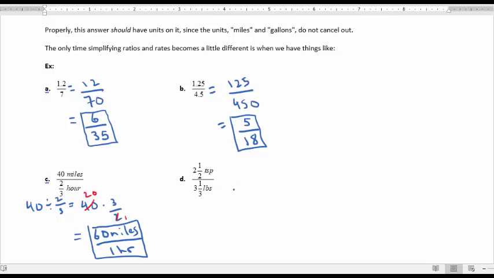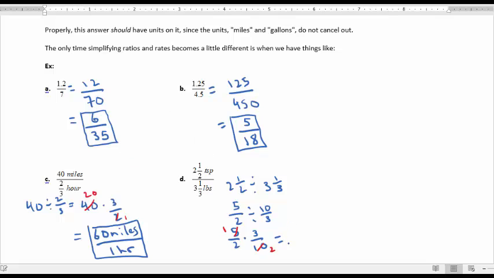And then this would be similar. It's again fraction division. So this is really 2.5 divided by 3 1/3. But 2.5 is 5 over 2, and 3 1/3 is 10/3. So this is going to become 5 over 2 times 3 over 10. And then one more time, cross cancel. 5 over 10 is 1 over 2.